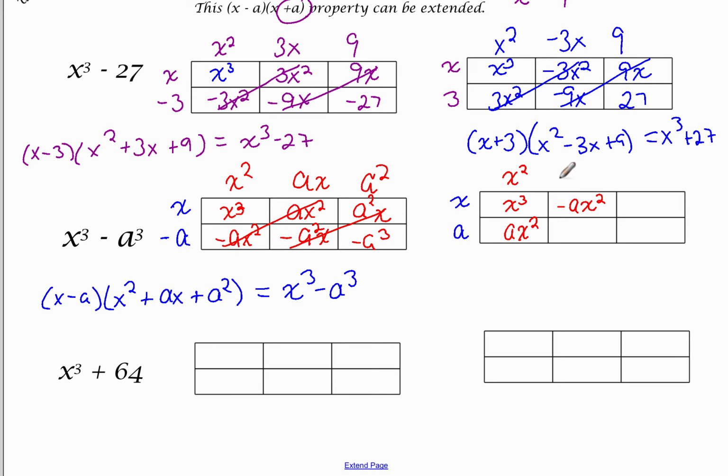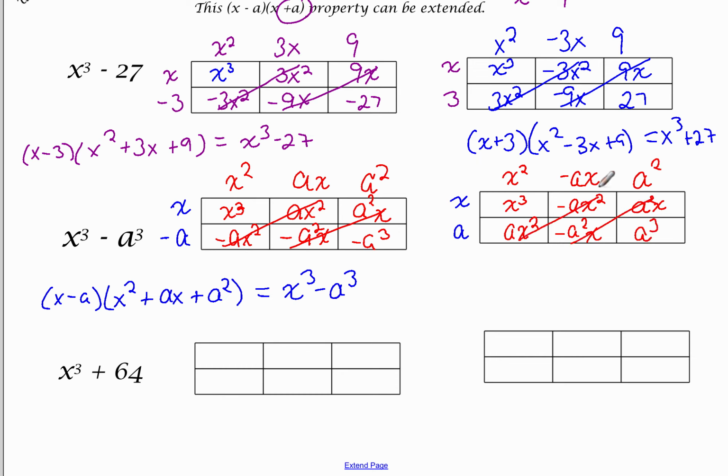So this has to be negative a squared x. Hey, look at that, just like the other table. That has to be positive a squared x. So that's a squared, and a squared times a is a cubed.